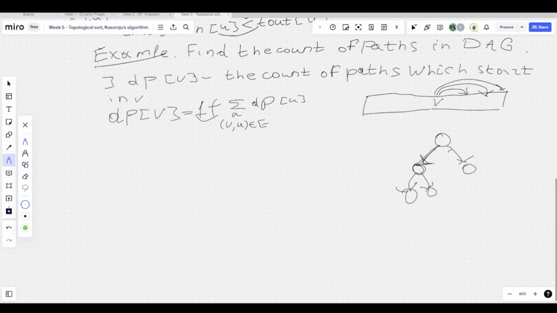So the order will be in order of the reversed permutation, reverse topological sort.